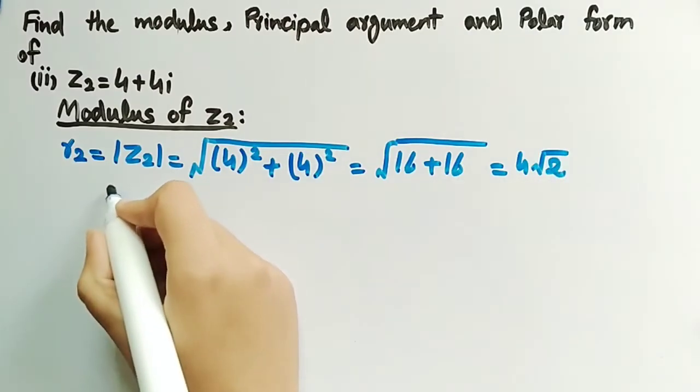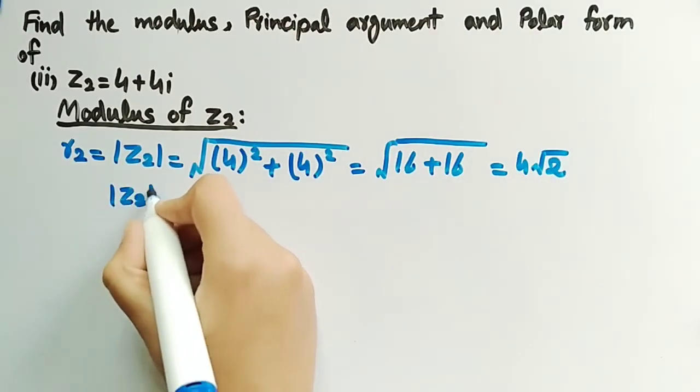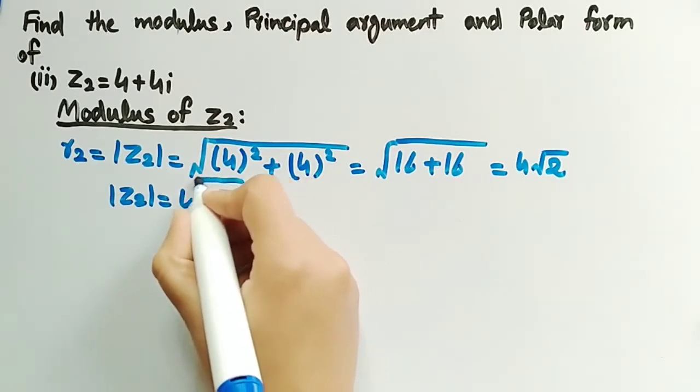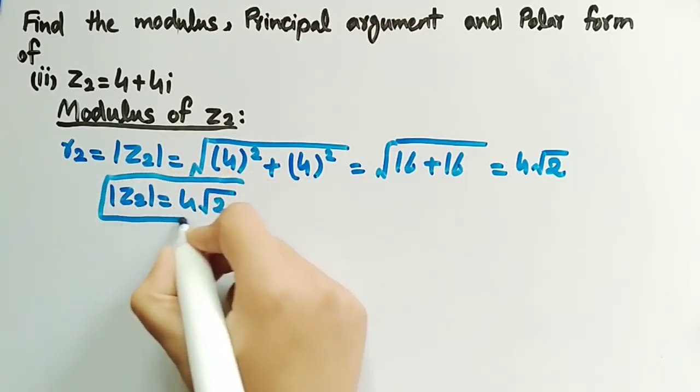So the mod of z2 is equal to 4 square root 2. So this is the modulus of z2.